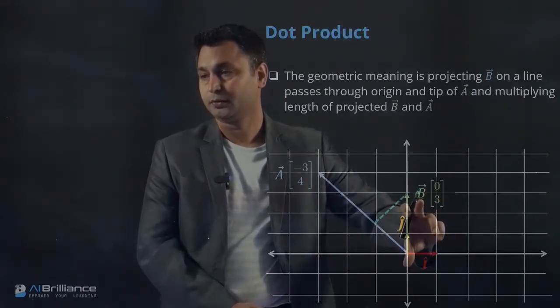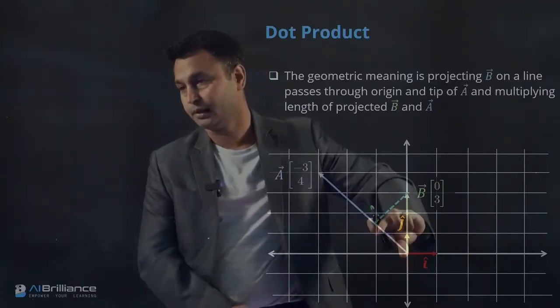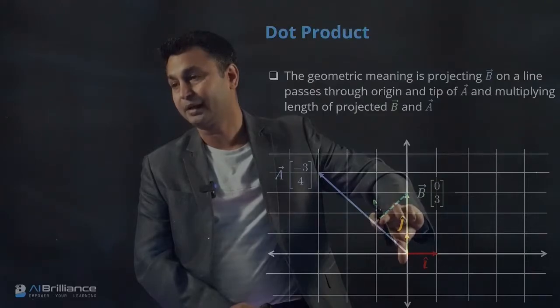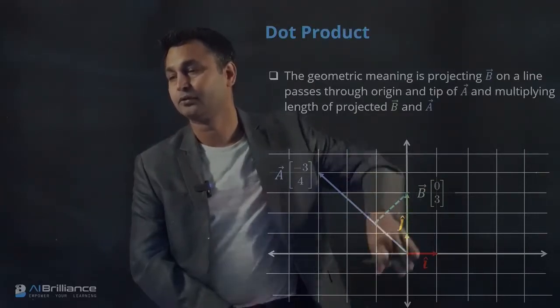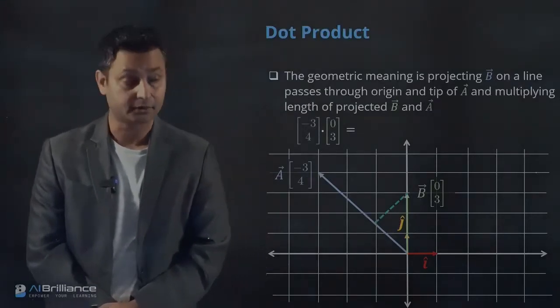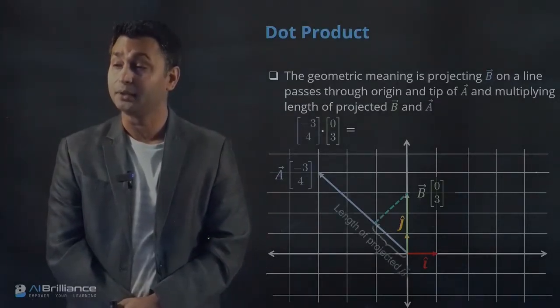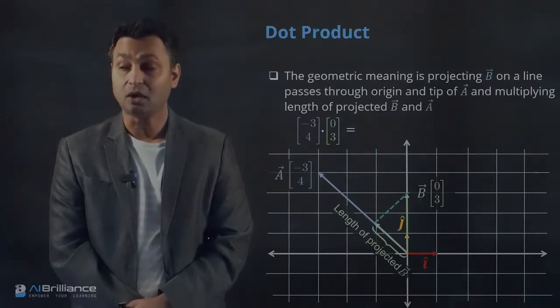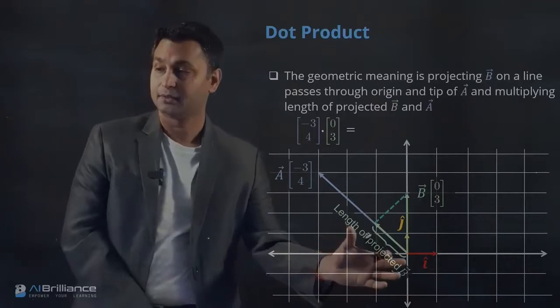So we'll take this vector B and project it on vector A. This will be the projection. We take the magnitude of that and then the magnitude of the overall A, and multiply them together. Let's see how this looks. We have projected B on A, and the length of projected B on A is essentially this much.